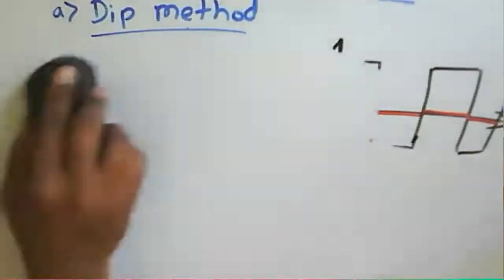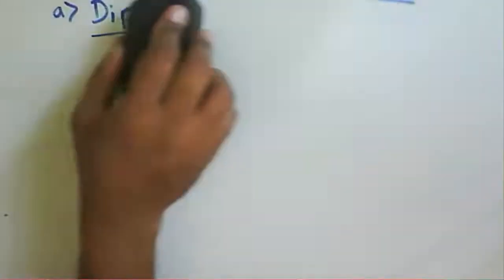Then there is a scale on the wave meter. There are two rings, and in between those two rings there is one scale, and the two rings coincide with that particular scale.